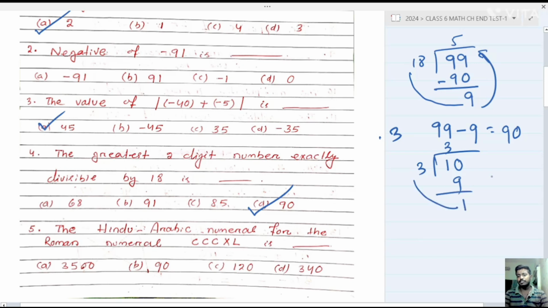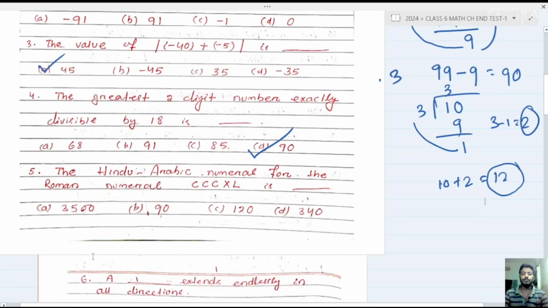First we subtract, that is 3 minus 1, that is 2. Now we add the 2, that is 10 plus 2, that is 12. The smallest 2-digit number which is completely divisible by 3 is 12. Actually, 2 types of questions are there. One is the subtraction case, another is the addition case. Understand?